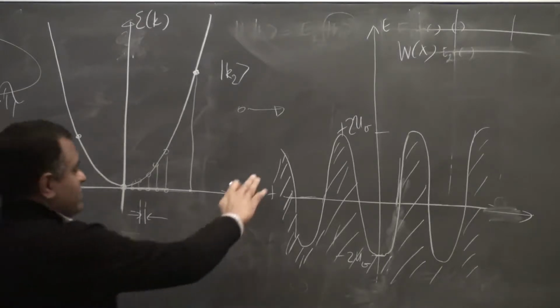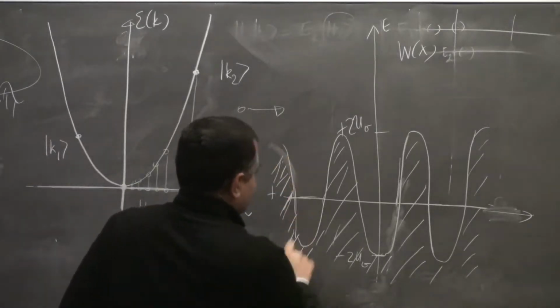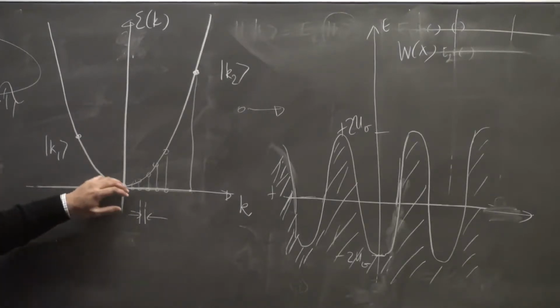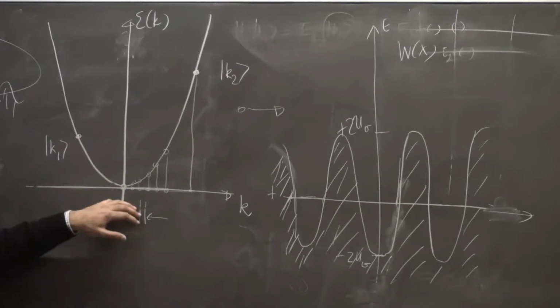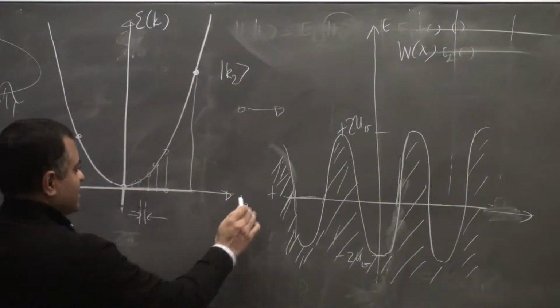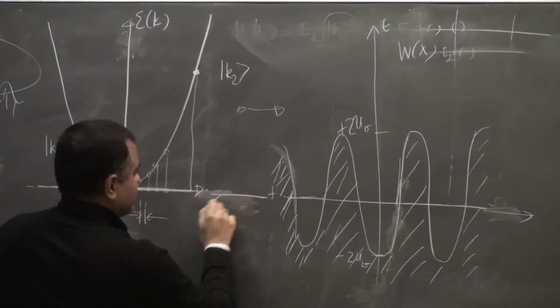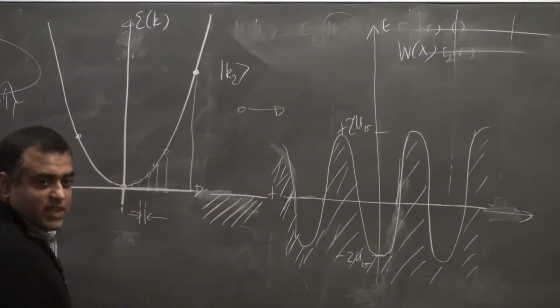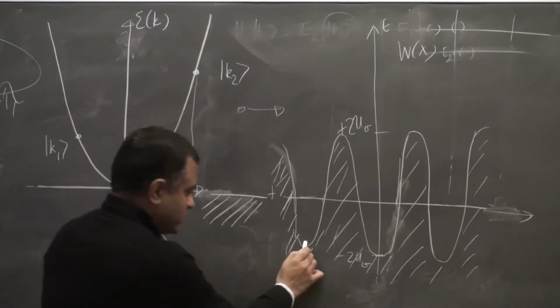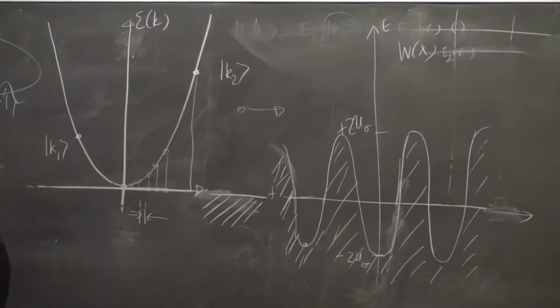Before we do any math, tell me: if I turn off all quantum mechanics and go back to classical mechanics, how will the energies change for the particle? What's the minimum energy the particle can have with this additional potential? Earlier my potential was just that, and then I added something like that. So the minimum energy is negative 2 Ug. It can roll down and sit here and do nothing. That's allowed in classical mechanics, and we'll see in quantum mechanics it's not allowed.